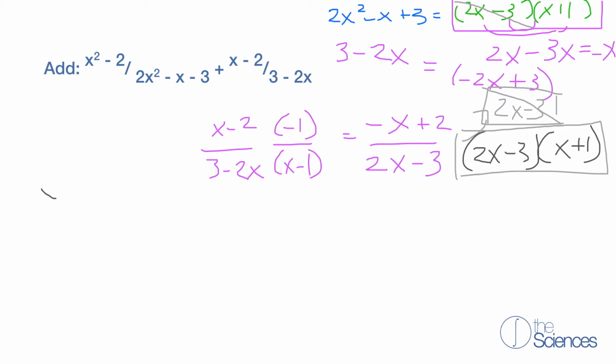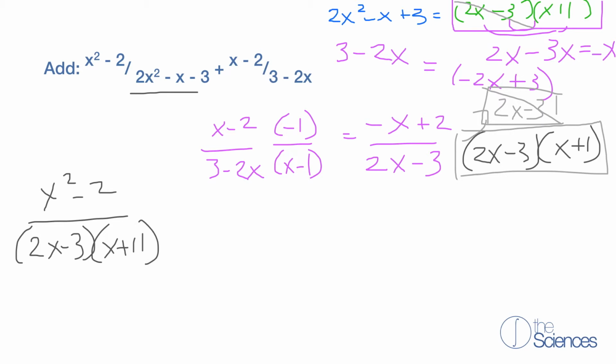So now we have x squared minus 2 over our denominator, which factors into 2x minus 3 times x plus 1, which is our least common denominator.